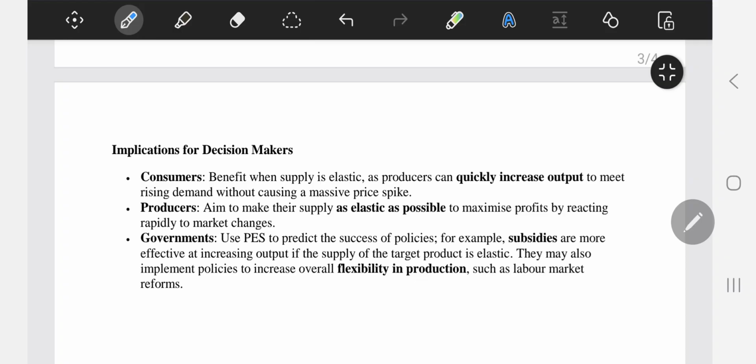To producers, PES is important because if they have this knowledge, they're able to maximize profit when price increases, and they know how easily they can do that. And to the government also, PES is very important if they want to use things like subsidies to increase output, and they can also come up with policies to check flexibility in production.